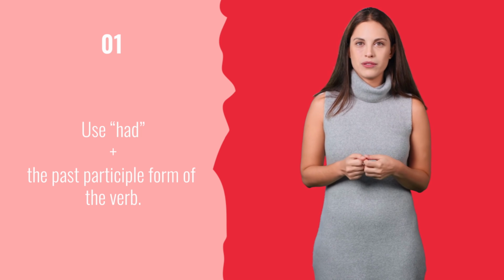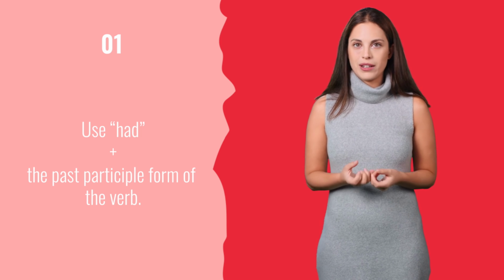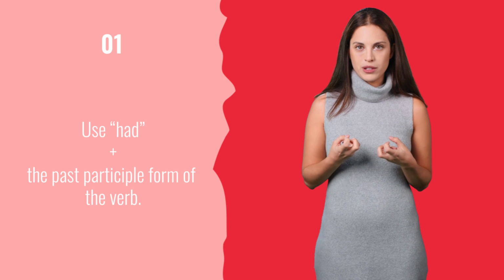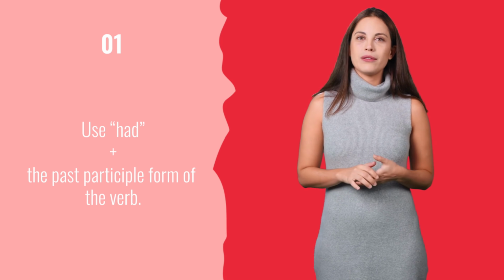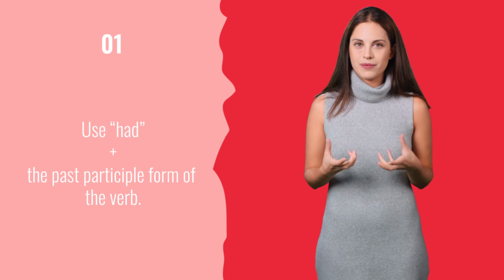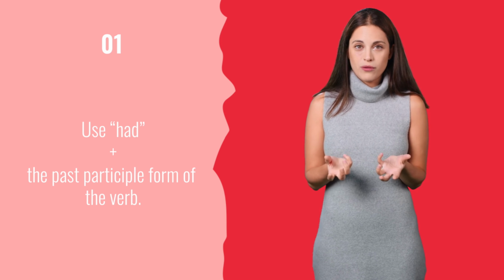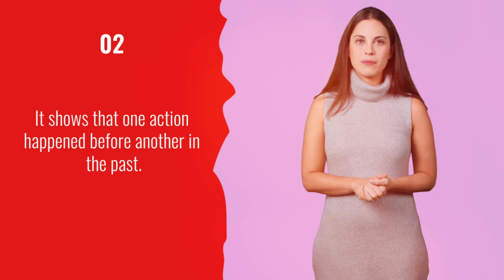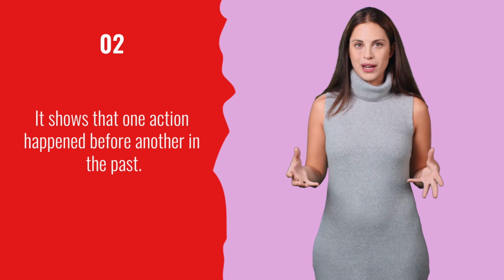Then you follow it with the 3rd form of the verb, the past participle, like gone, seen, finished, eaten, done, broken, and so on. Once you know that pattern, the rest becomes easier. It's like putting puzzle pieces in the right order, and soon you'll start feeling when to use it without even thinking. Tip 2. It shows that one action happened before another in the past.